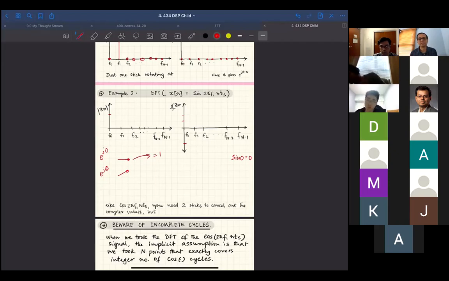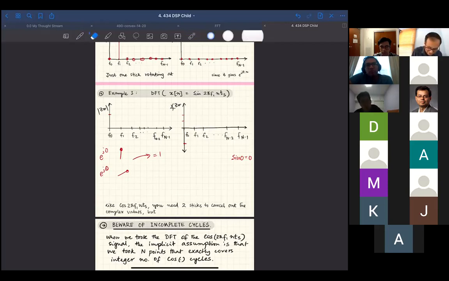Do we shift it by pi over 2 then? So maybe the way to do it is you make the sine stick start here. If the sine stick starts here, then how much is the x-axis shadow? 0. So you got your 0, right? But if you start the stick over there, then your next one is this.